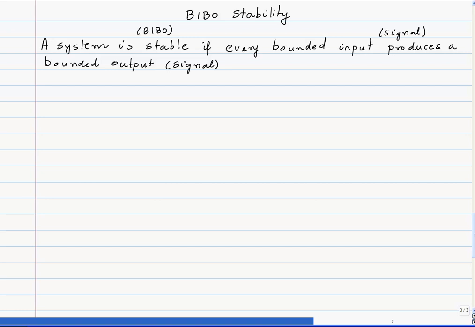But proving that a system is stable may be harder, because you have to prove that every bounded input produces a bounded output. Often this argument has to be made on the exact relationship between y of t and x of t, and make the argument that if y becomes unbounded, the only way this can happen is if x also becomes unbounded. So we will work out a couple of examples and then you will see what happens.